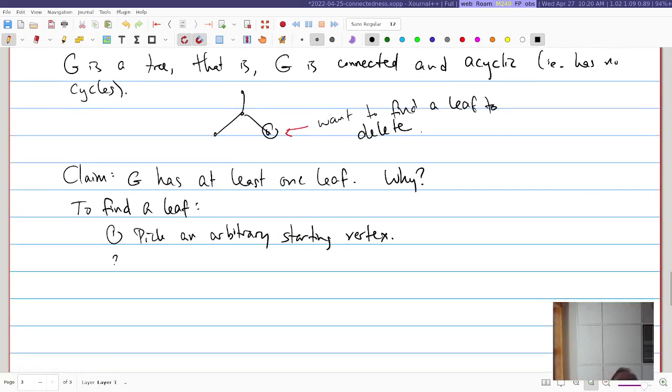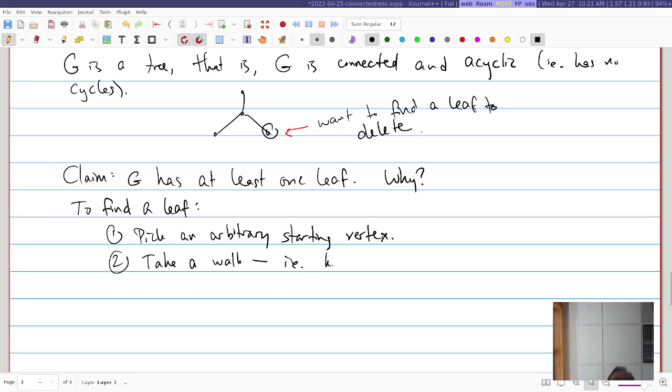And then step 2 is take a walk. What I mean is, just start following edges. If there's an edge next to the vertex I start at, I'm going to follow it. And then I'm going to follow another edge, and another edge. Okay?